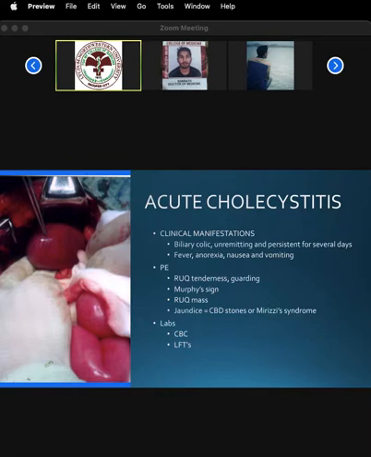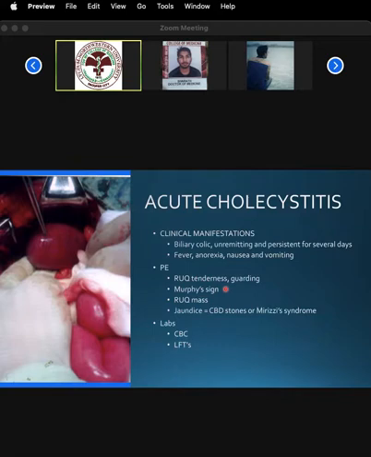When you examine the patient, you may find right upper quadrant tenderness with either voluntary or involuntary guarding. You may also have Murphy's sign. So how is Murphy's sign elicited? With your fingers applying pressure in the right upper quadrant underneath the costal cartilages, you ask the patient to inhale deeply, and this inhalation will be arrested.